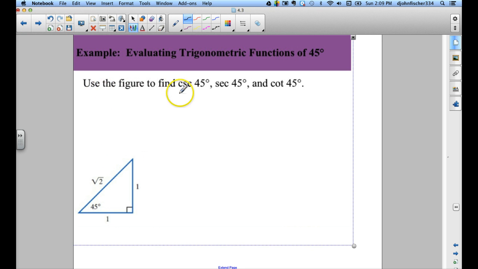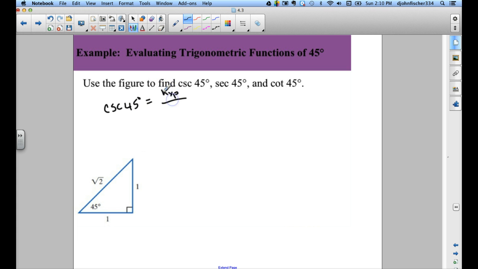So here, let's use the figure to find cosecant of 45. Cosecant of 45 degrees is hypotenuse over opposite. So we look at the 45 degree angle, so it's hypotenuse, which is square root of 2, over the opposite side, which is 1, which is the square root of 2.